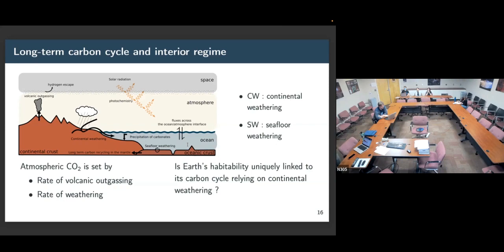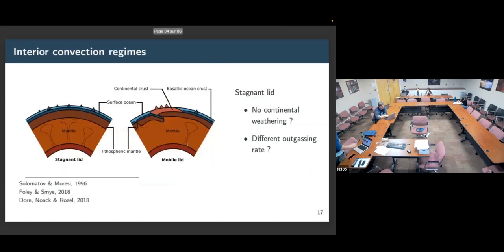That question is warranted because some planets do not have continents or continental crusts. The Earth is in an interior convection regime that we call mobile lid, where plate tectonics exists and continental accretion occurs, so there is continental material that can be weathered and participate in this cycle.